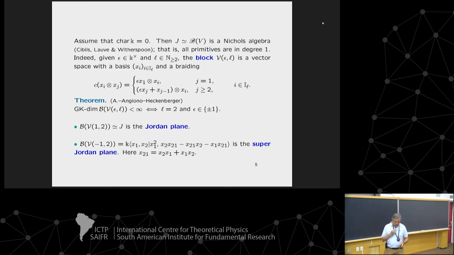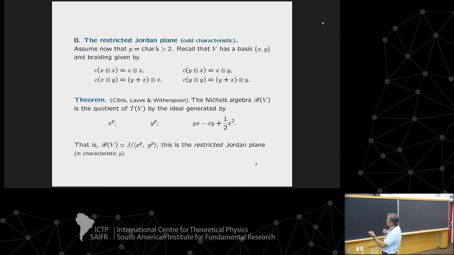And so there are two important blocks for us, those that have finite Gelfand-Kirillov dimension. One is the Jordan plane, corresponds to epsilon equal to 1, and the other corresponds to epsilon equal to minus 1, and is called the super Jordan plane. The super Jordan plane, we found, had this presentation.